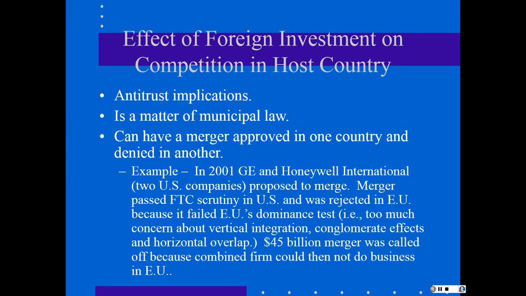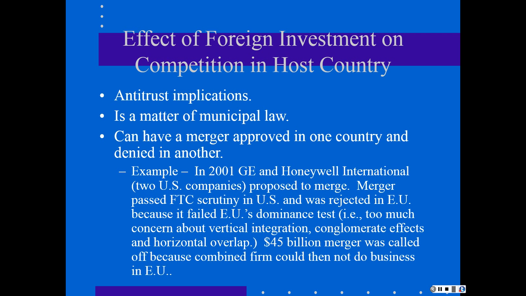Let's talk about doing business now. Business operations itself. The business operations of foreign direct investment. There are antitrust limitations. Now, we've talked in this class about antitrust laws, the Sherman Act, the Clayton Act.